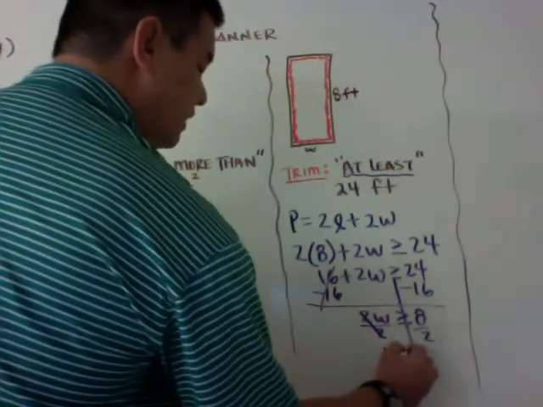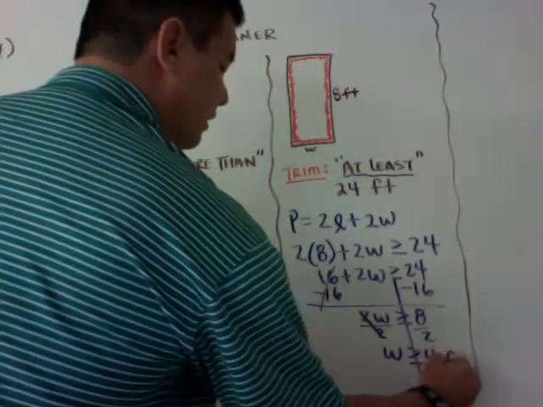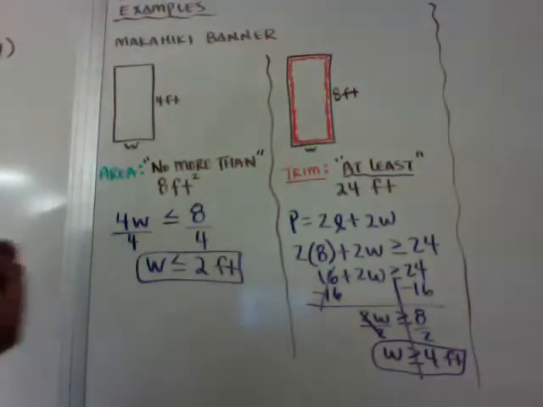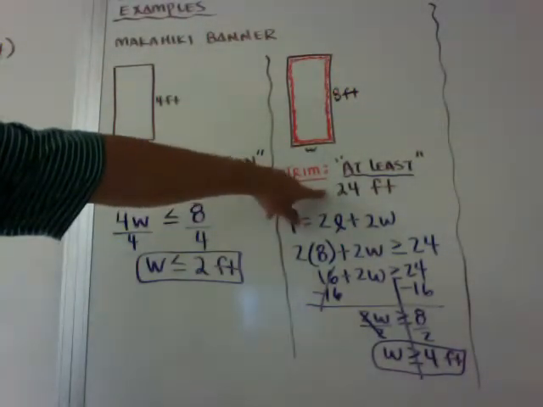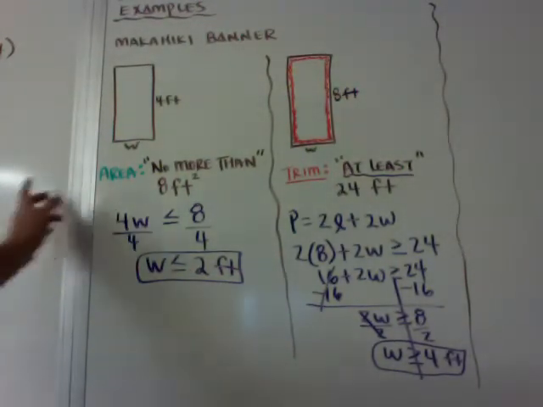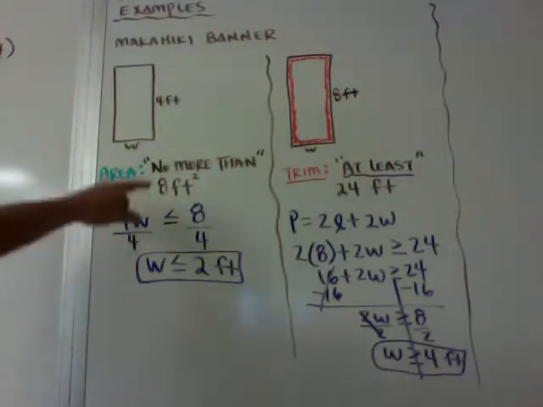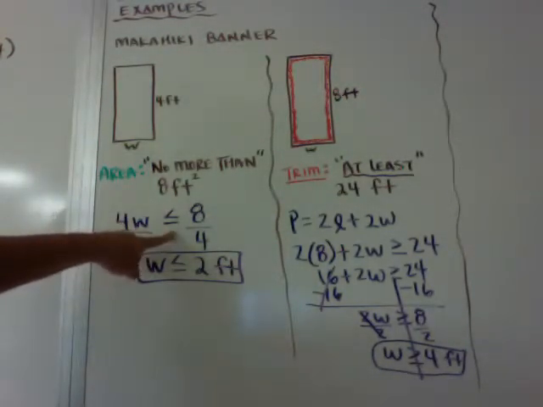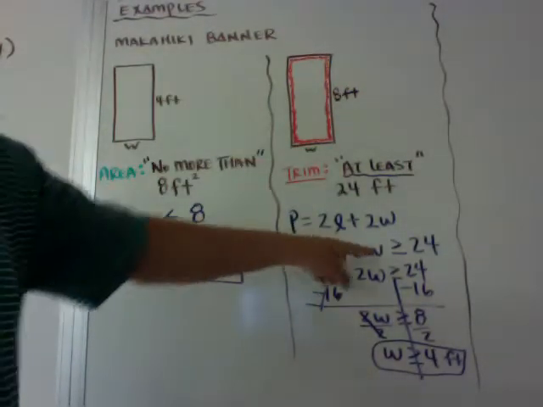And your width has to be greater than or equal to 4 feet in order for the trim to be at least 24 feet. Okay, so it can be 4 feet or more to satisfy the requirements. Okay, so just be careful again with writing your inequalities. No more than is less than or equal to. At least would be greater than or equal to.